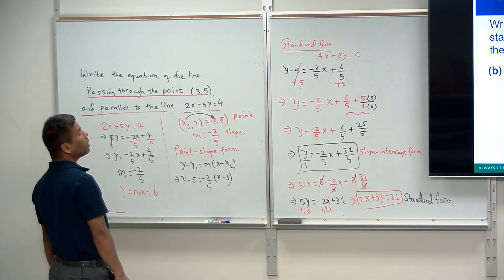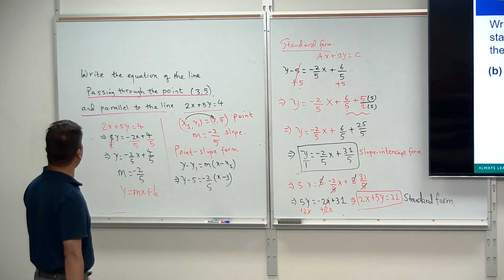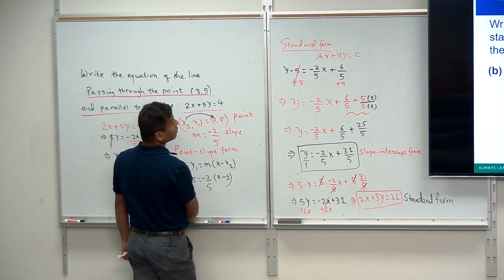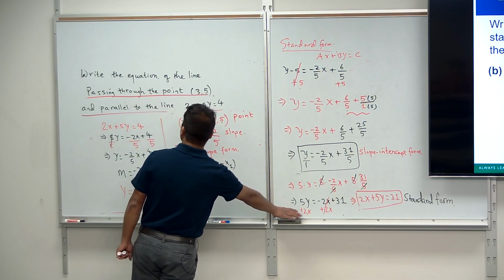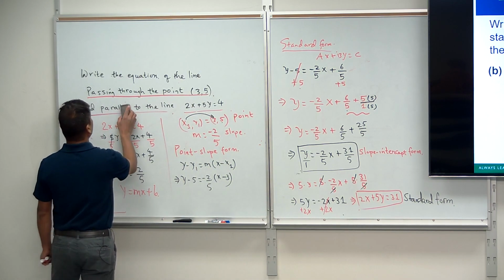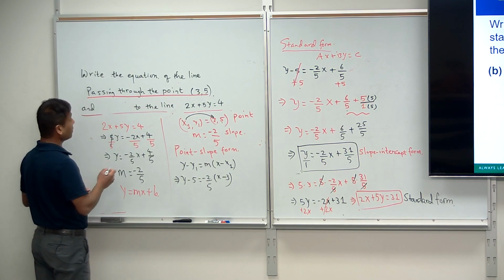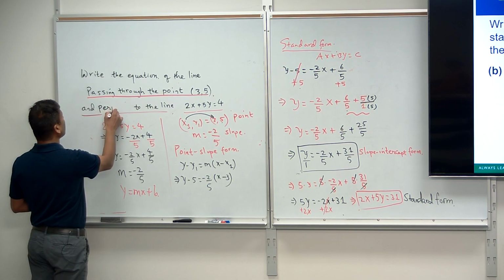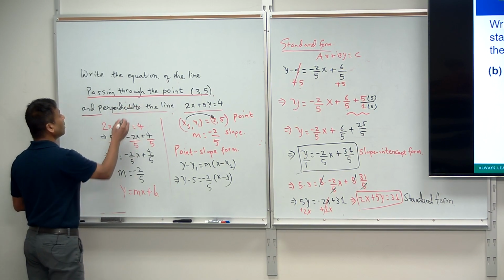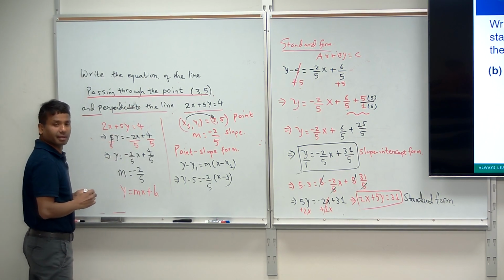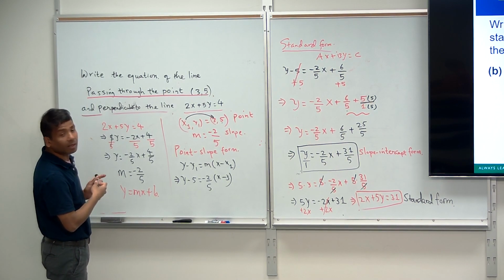We need to find the equation of the line perpendicular to the line 2x plus 5y equals 4, passing through the point (3, 5). But here, let's say perpendicular. Now this is perpendicular, okay? Let me write down here, this is perpendicular.